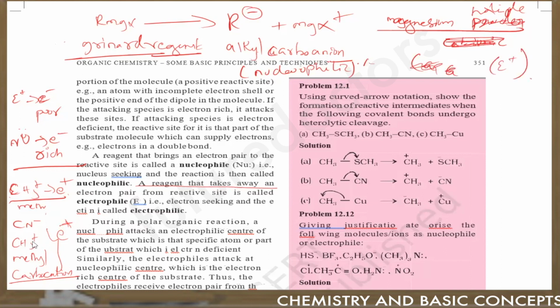So this one is nucleophilic Nu, and this one is electrophilic E positive. Based on this we have differentiated, and you should have a very good idea about the cationic and anionic species, right?